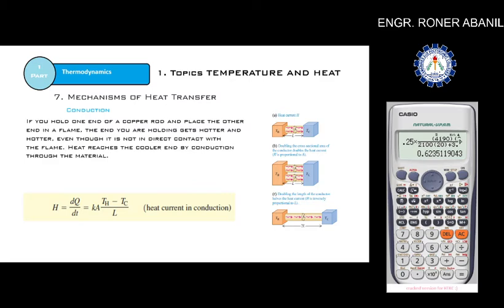So, the unit of heat current H, yung unit daw nito, are units of energy per time, or power.